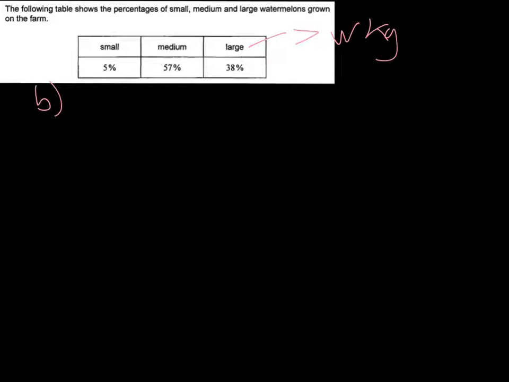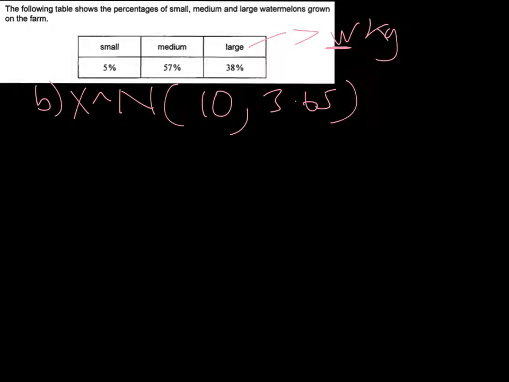We're asked to find the value of W. Bearing in mind that in part A we found the standard deviation, in part B we can just write our distribution. x is normally distributed with a mean of 10 and a standard deviation of 3.65. So we don't need to use the standard normal distribution here. We can just go ahead and use our calculator.